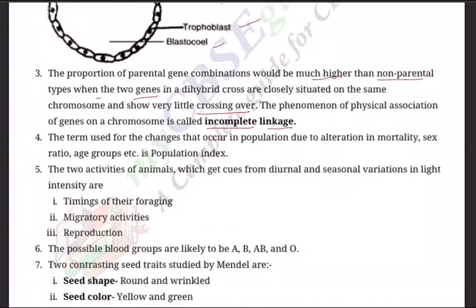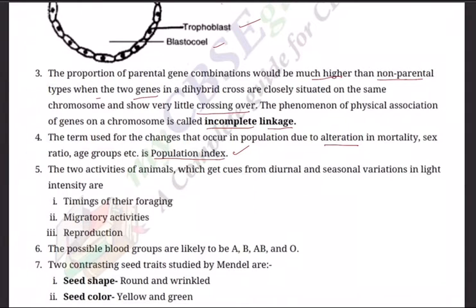Question 4: give the term for the changes that occur in population due to alteration in mortality, sex ratio and age group. Answer: the term used is population index. So the answer is population index.